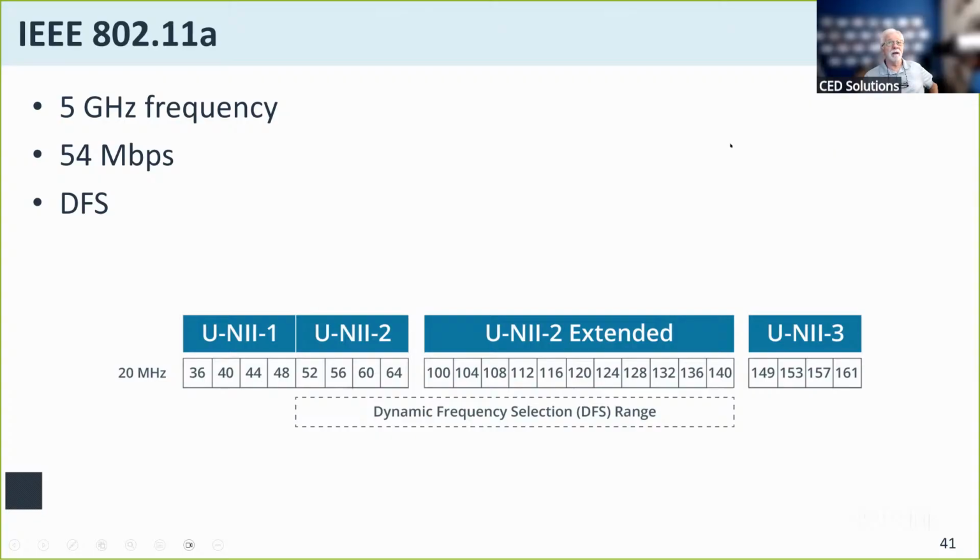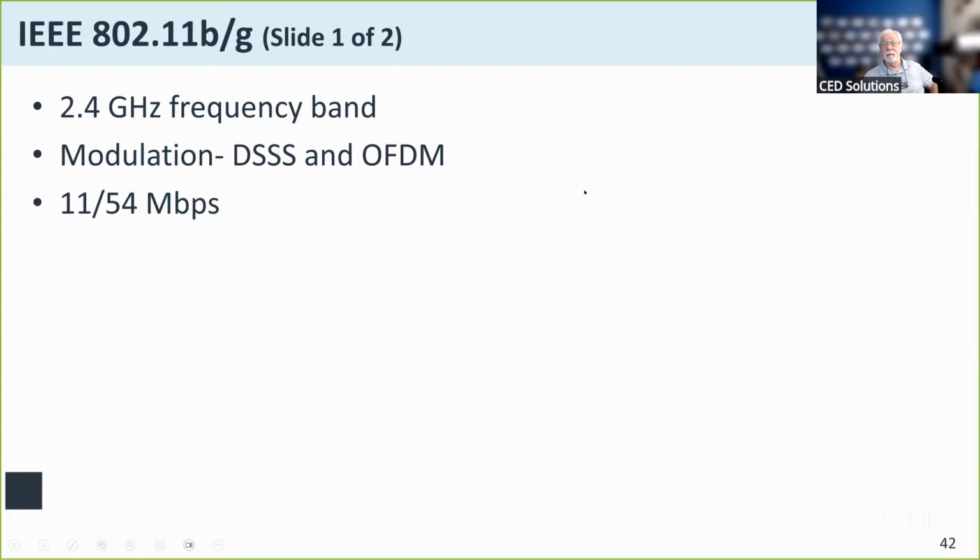Well, almost immediately within months after this release, they released 802.11b, which used the much more, not really powerful, but much more penetrating, as it were, 2.4 gig frequency band. And it utilized a couple of different modulation schemes here.